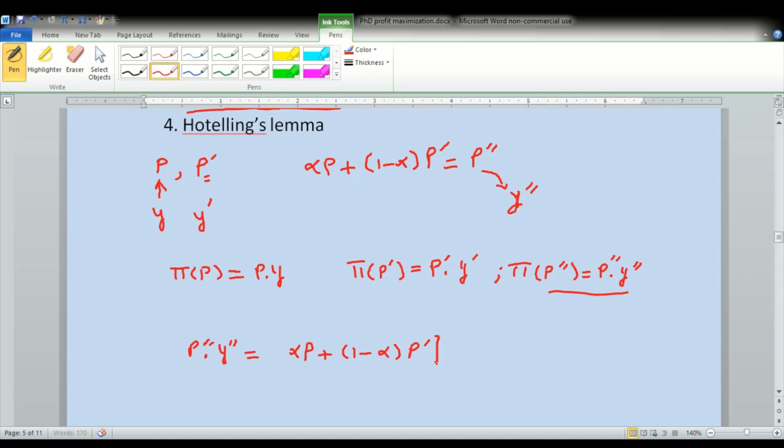So this is your P double dash, and we have P double dash dot y double dash, maximum profit.